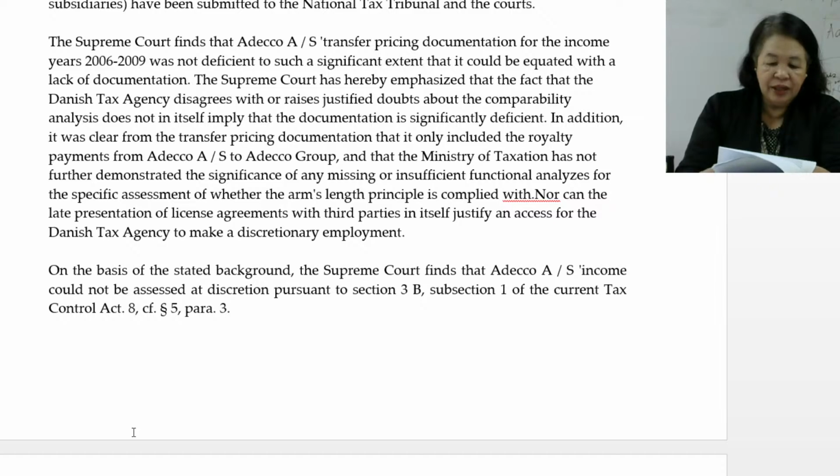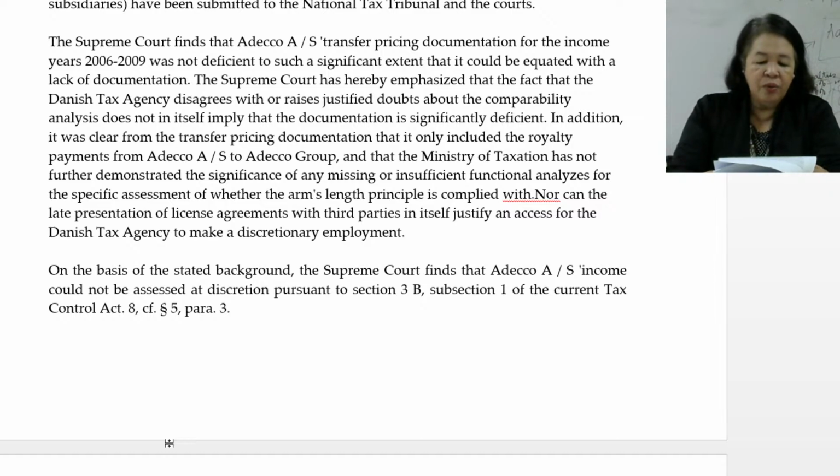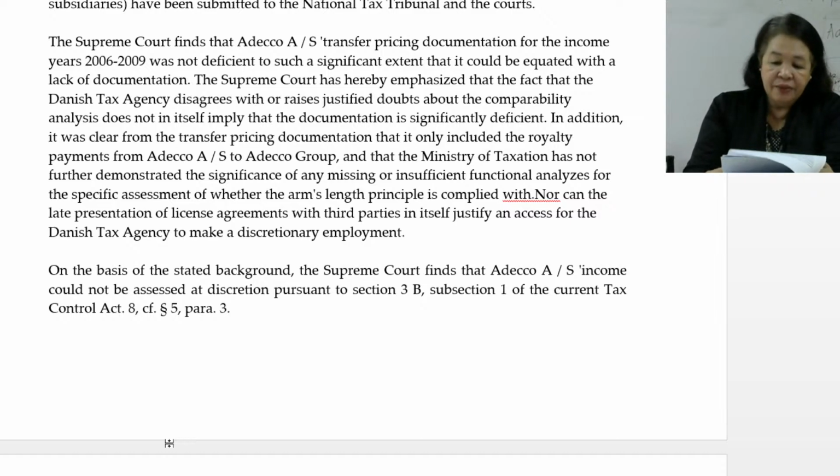In addition, the Supreme Court has hereby emphasized the Ministry of Taxation has not further demonstrated the significance of any missing or insufficient functional analysis for the specific assessment of whether the arm's length principle is complied with, nor can the late presentation of license agreements with third parties itself justify an access for the Danish tax agency to make a discretionary assessment.